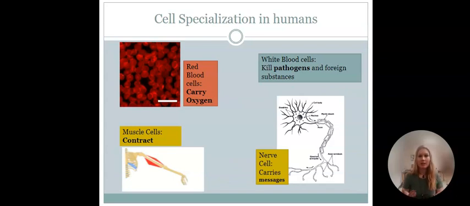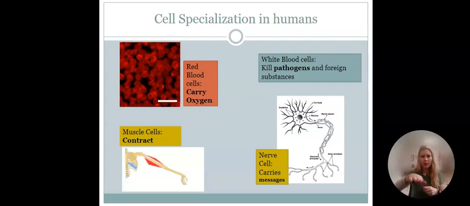So these are a lot of the specialized cells that we have. Again, it's not all of them, but these are probably going to be the ones that you are going to be asked about on the EOC. So we have red blood cells, which carry oxygen, muscle cells for movement, white blood cells for our immune system, and then nerve cells to carry messages, nerve impulses.